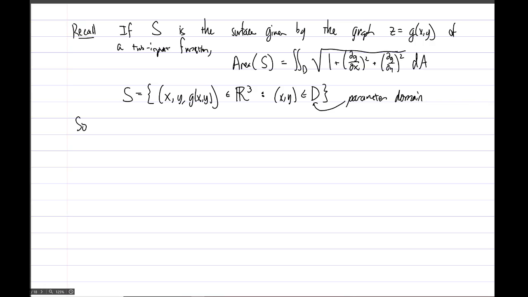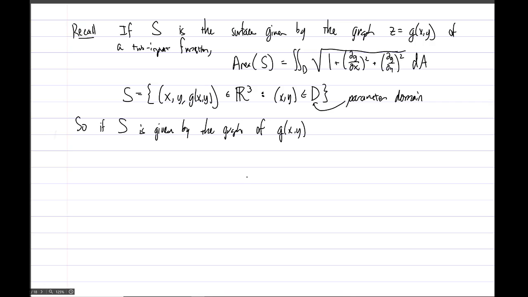So if capital S is given by the graph of a two-input function g of x comma y, we now want, just like we did with the other way that a surface is described, purely parametrically, to describe what a surface integral in general looks like, given a function lowercase f.